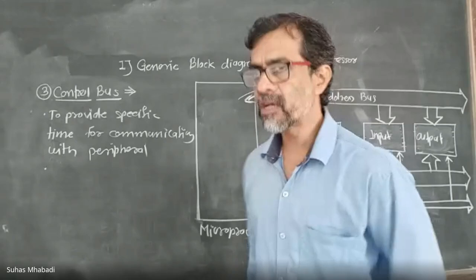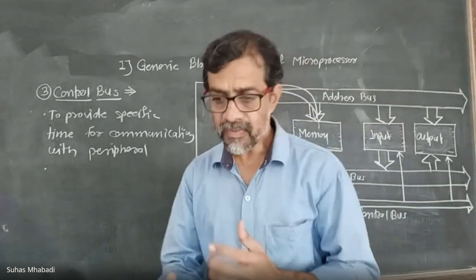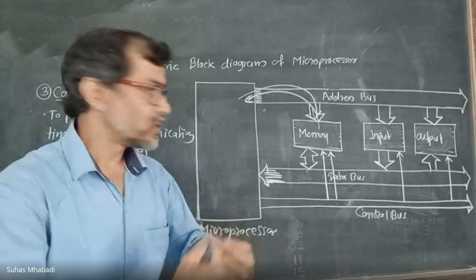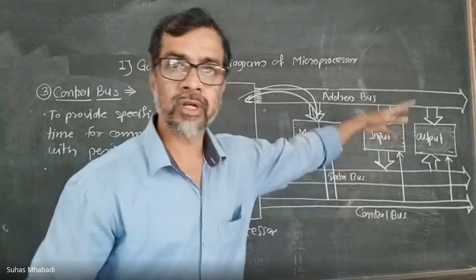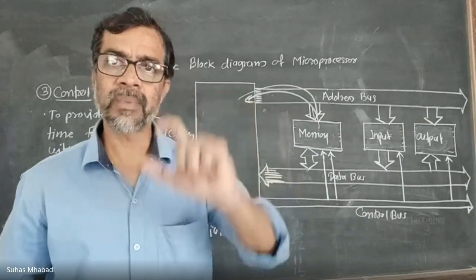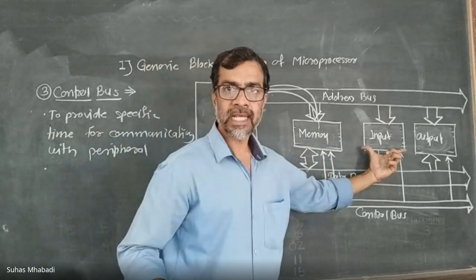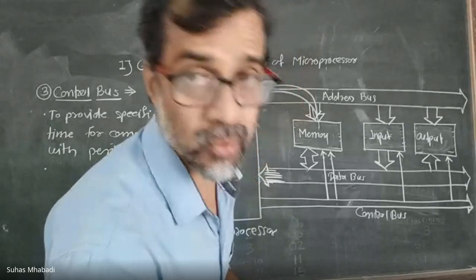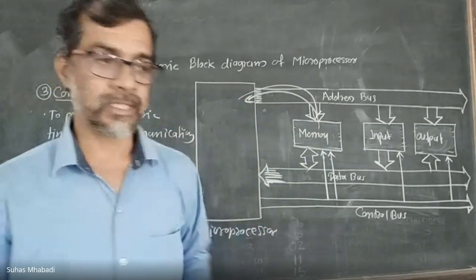This is also a bunch of lines, but at the end, the decoders are connected in such a way that by the time it reaches a peripheral device, maybe memory or input or output device, it becomes a single line. A single line to enable the memory, to enable the input device, or to enable the output device.